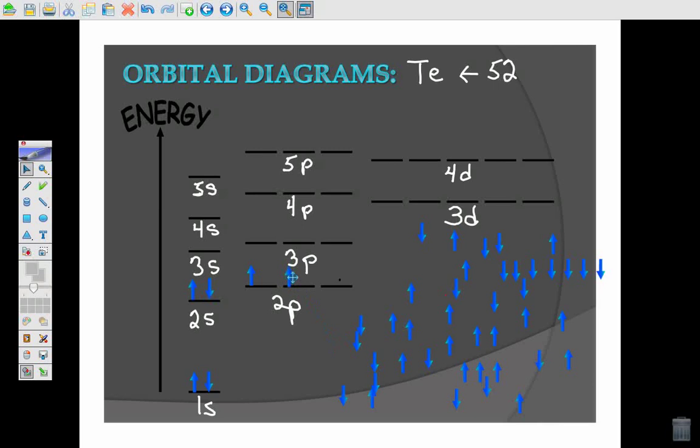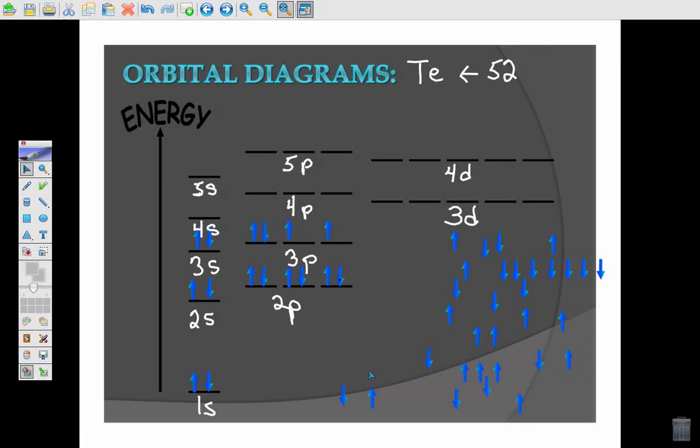Remember, Hund's rule says if you're in a sublevel, so we're in the p sublevel, we're going to go spins unpaired before we pair. That minimizes electron-electron repulsion. Aufbau, go to the next highest energy. Pauli, spins opposite. Hund, spins unpaired before we pair them.